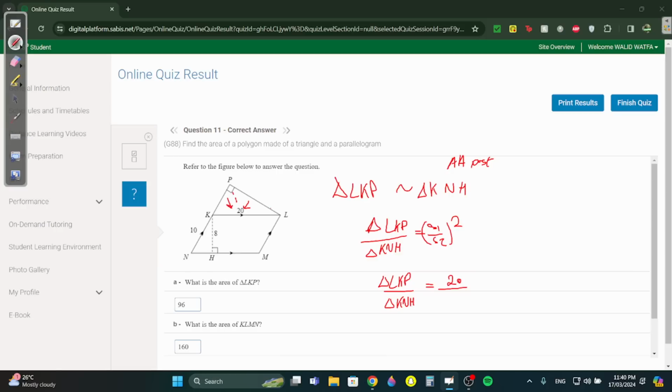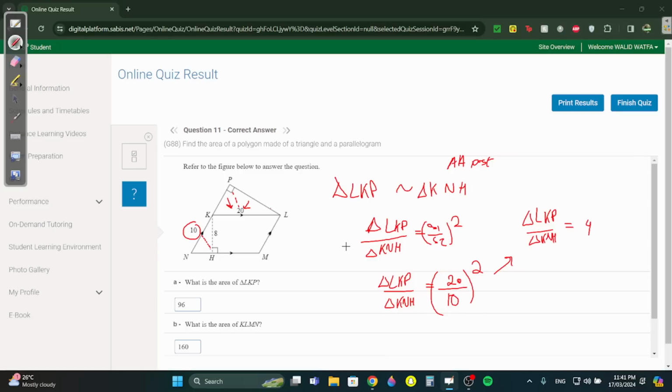Since this is the hypotenuse, you also have to take the corresponding side, so also the hypotenuse here, which is 10, squared. You're going to get triangle LKP over triangle KNH equals 100 over 100, which is 4, because 20 divided by 10 is 2, and 2 squared is 4.